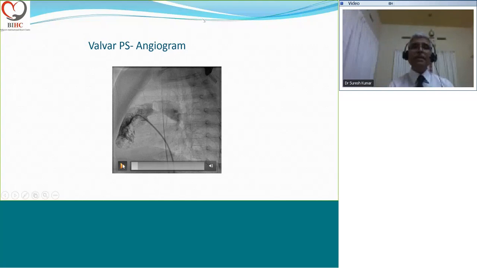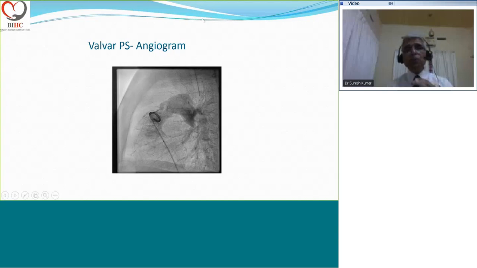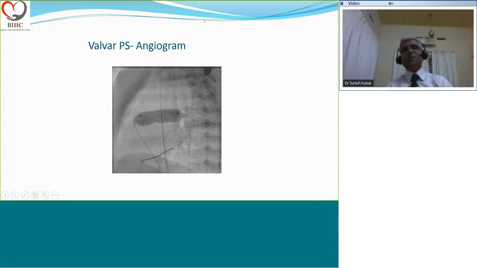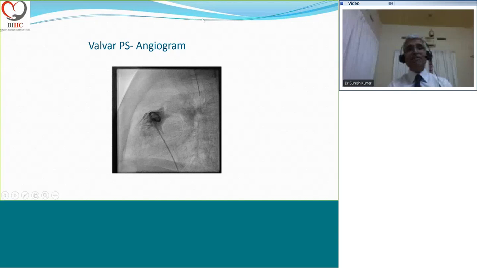So if you can make that out, the doming pulmonary valve along with the post-stenotic dilatation, that is the feature of pulmonary stenosis. Of course, the rest of the angiogram shows the balloon dilatation and the valve opening well after that.